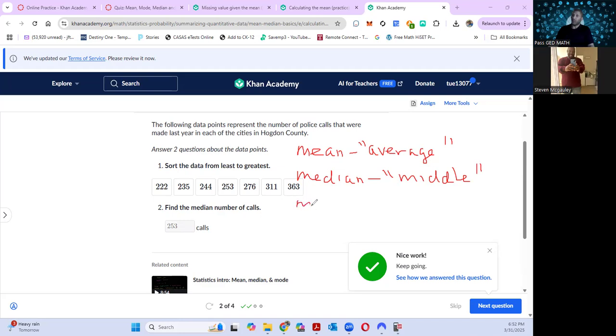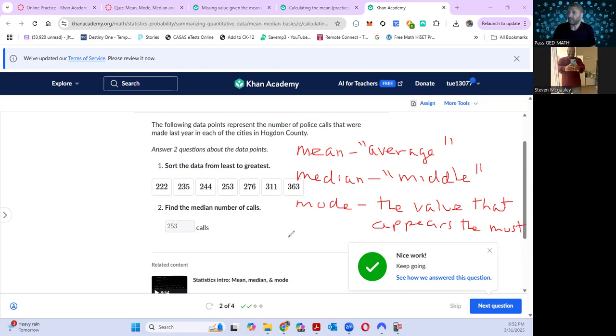The mode is the value that appears the most. You can have a data set that has no mode, so that means every number is there once. You can also have a data set that has more than one mode.